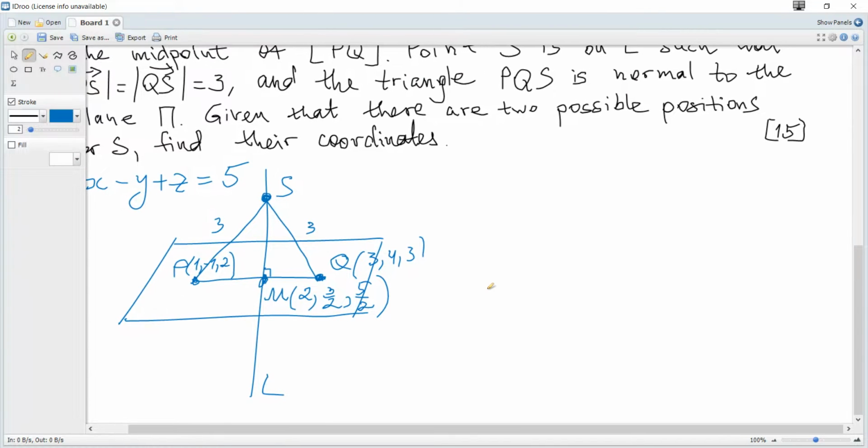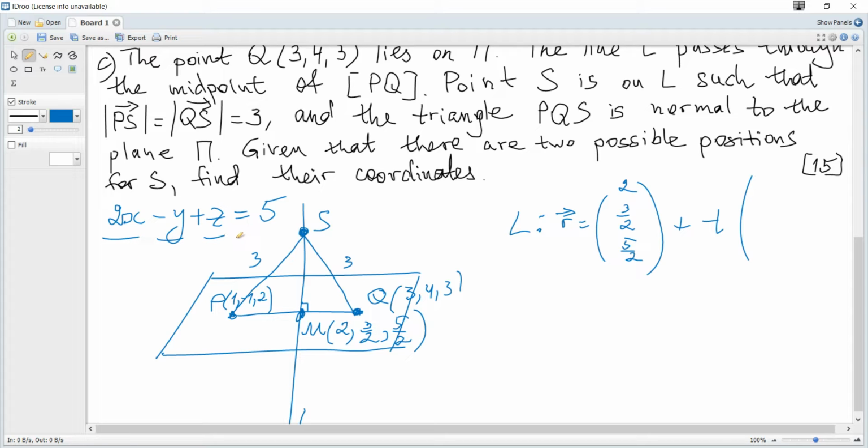And definitely we will need the equation of this line, so let's find the vector equation of this line. And we need a point, so it's 2, 3 over 2, 5 over 2 plus some parameter, let it be t, and the direction vector, which is equal to the normal, and the normal is just the coefficients in front of x, y, z. It's 2, negative 1, 1.